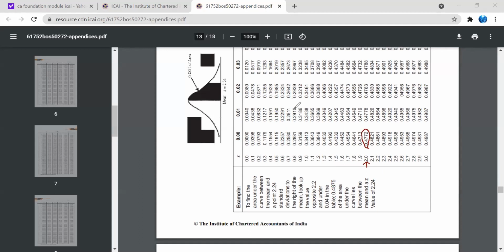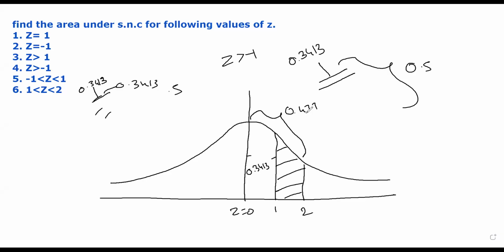So this area is 0.4772. This area is 0.3413. We want the area between 1 and 2. So we'll subtract this area from this complete area. So 0.4772 minus 0.3413.